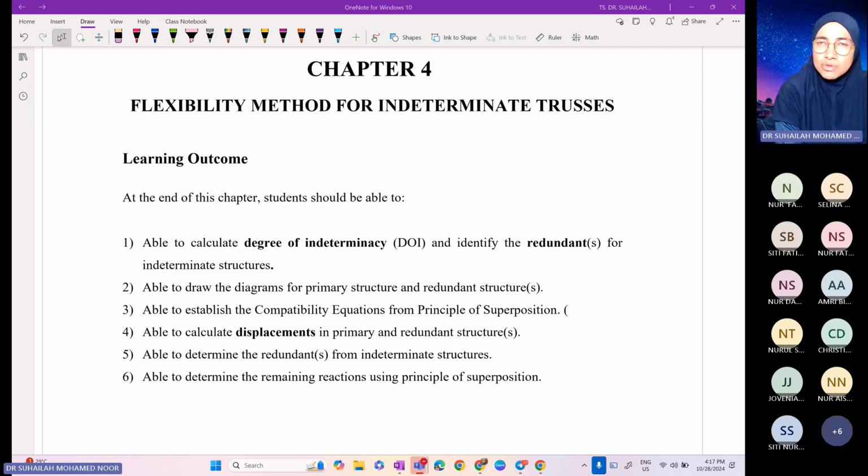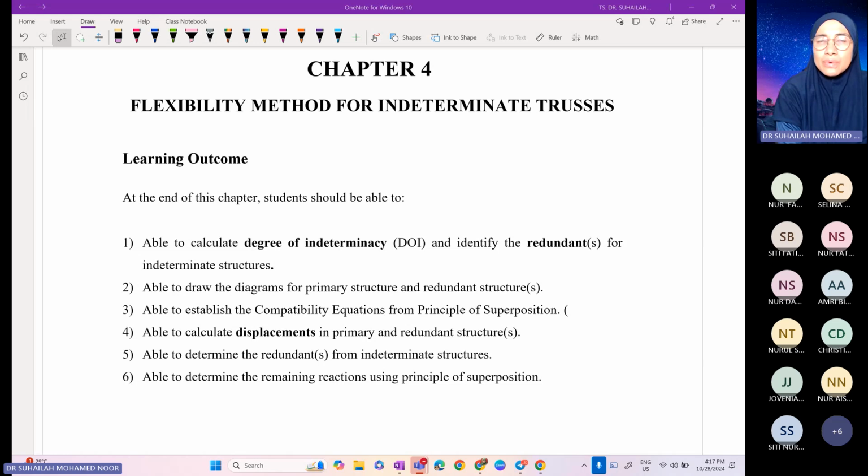Okay, and after that, as usual, we apply the principle of superposition. By applying the principle of superposition, we focus on the displacement that occurs for each system. We will have the primary truss and the redundant truss, and from that we will determine the reaction as well as internal forces. Internal forces in a truss means member force, axial force in the member.